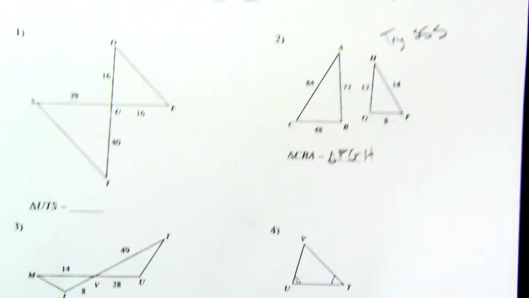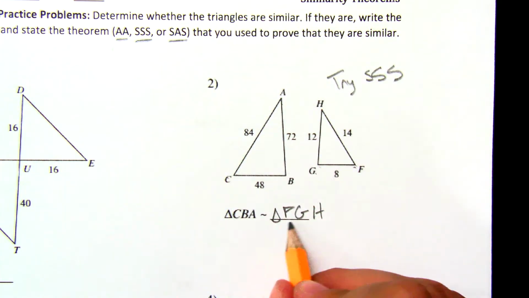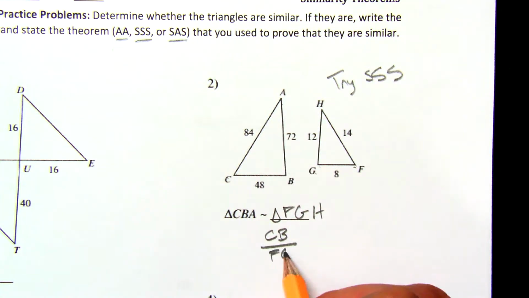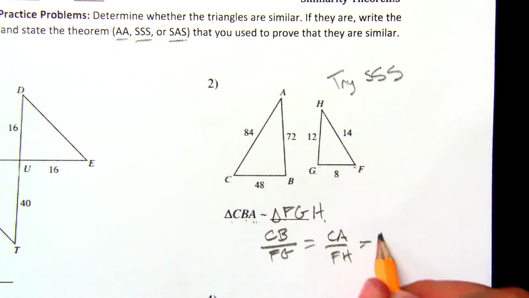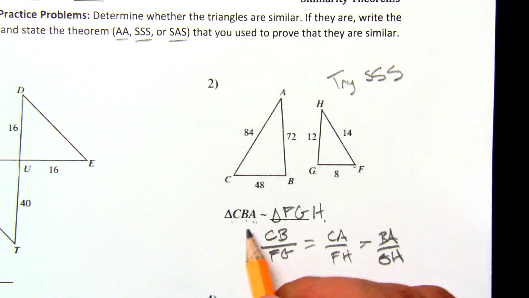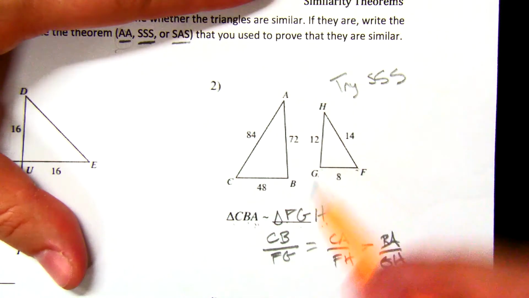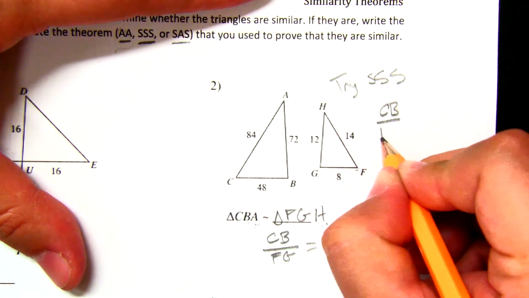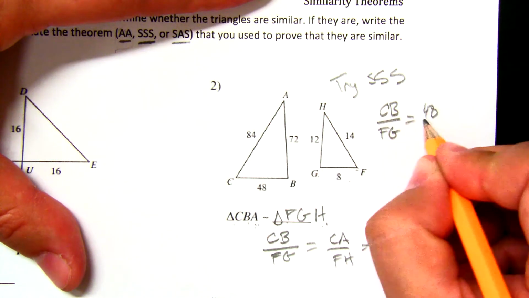Let's make this bigger. Okay, so what would my proportion statement have to be? Well, I'd have CB over FG would have to equal CA over FH would equal BA over GH. All right, so plug in my numbers. CB over FG, that's 48 over 8.